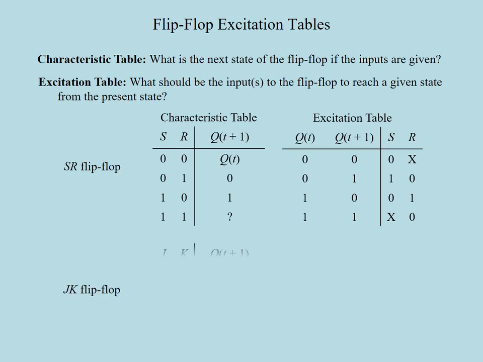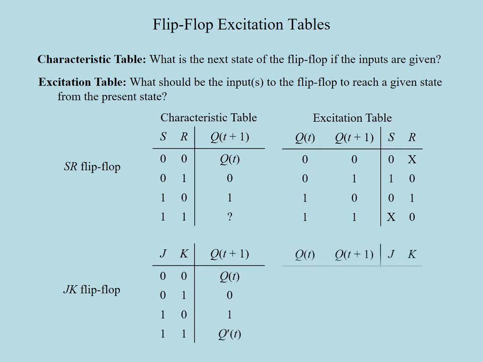Similar analysis on the characteristic table of the JK flip-flop can be done to derive its excitation table. Remember that the characteristic table of the JK flip-flop differs from that of the SR flip-flop in the absence of indeterminate states. If both inputs of the JK flip-flop are 1, the next state is not indeterminate, but it is the complement of the present state.